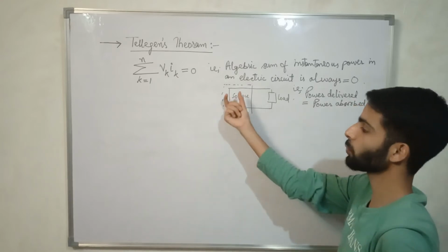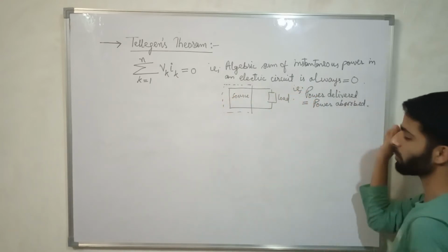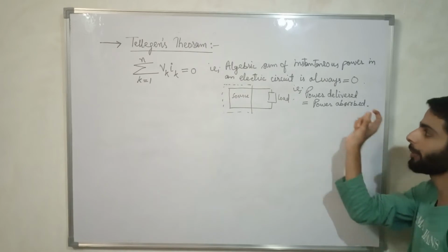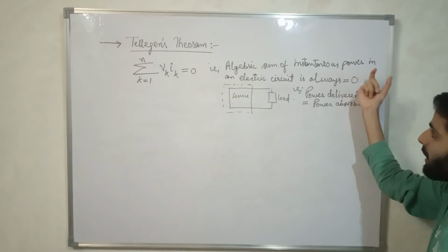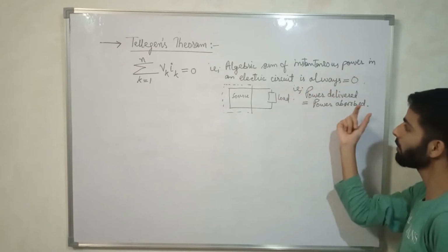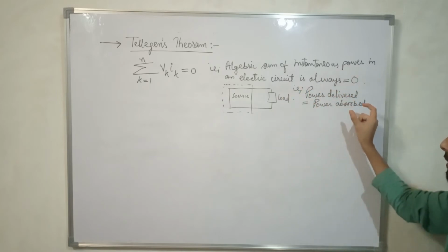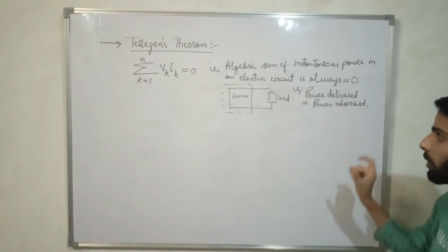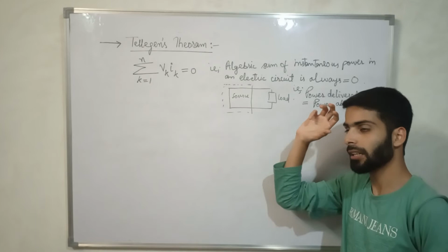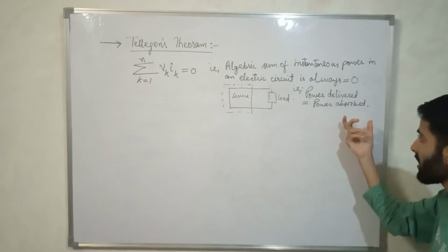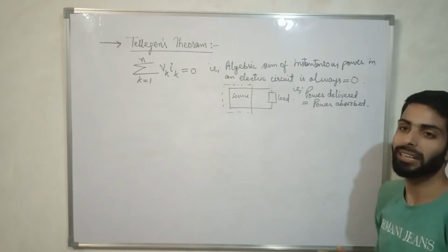Power is delivered by the source to the load, and who absorbs the power? Power is absorbed by the load. That is, the algebraic sum of instantaneous powers in an electric circuit is always equal to 0. As much as the power the source delivers to the load, quite equal to that, power is absorbed by the load itself.